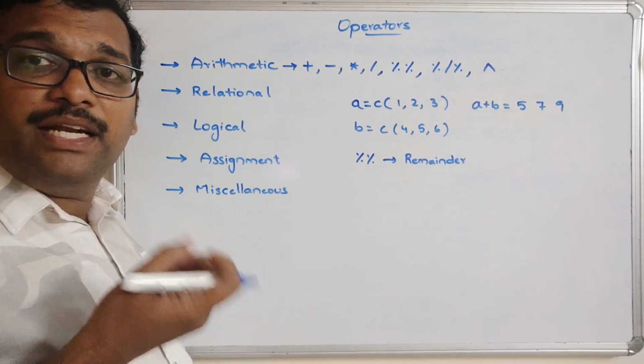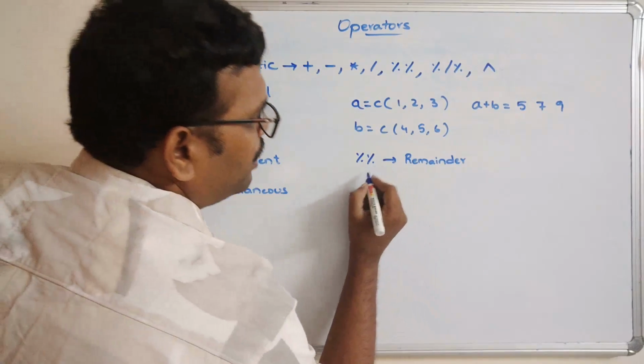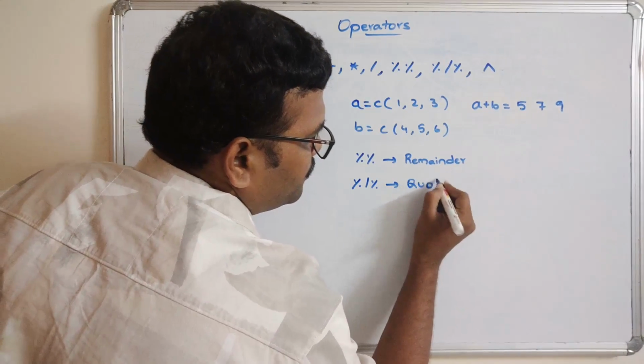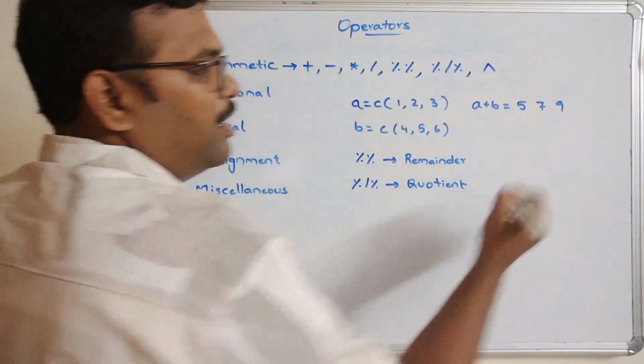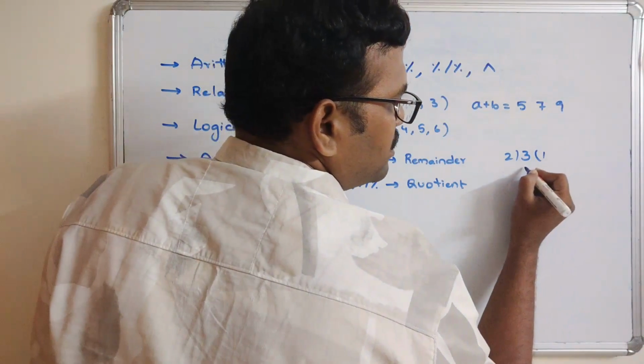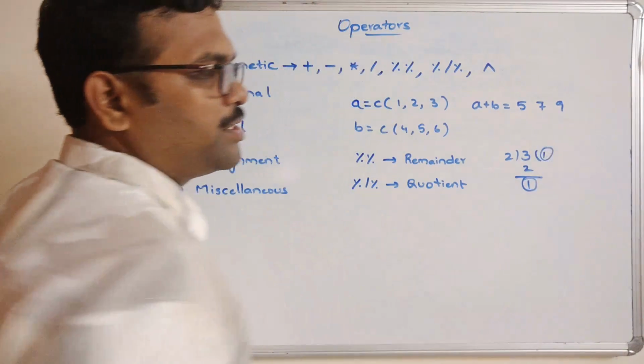If you apply the division operation, we get a remainder and a quotient. For example, if 3 is divided by 2, 2 ones are 2, right? So this will be the remainder, this will be the quotient.